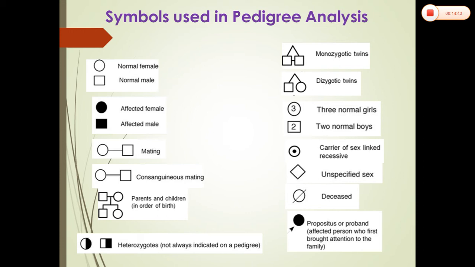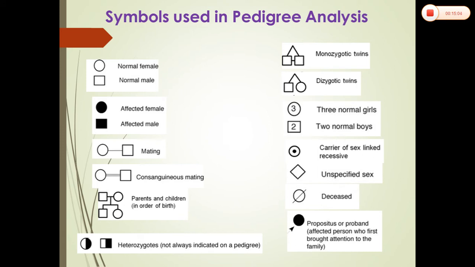So I gave you the example of Queen Victoria. As we know, Queen Victoria was a carrier of the recessive allele of hemophilia. So whenever you see the pedigree chart of Queen Victoria, she was the first one in which the disease was traced.